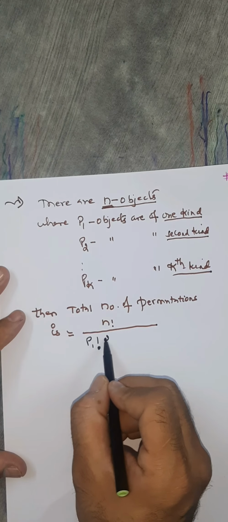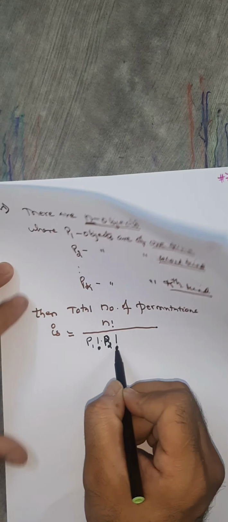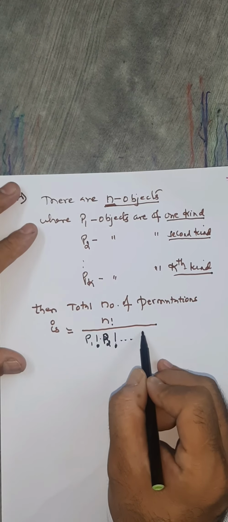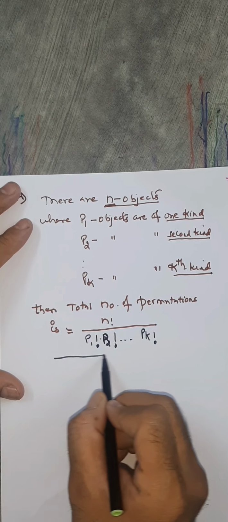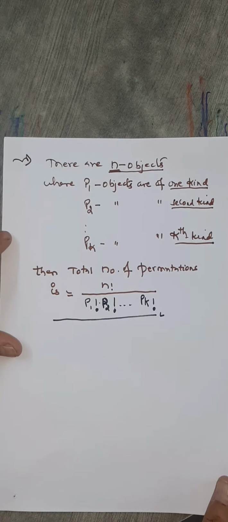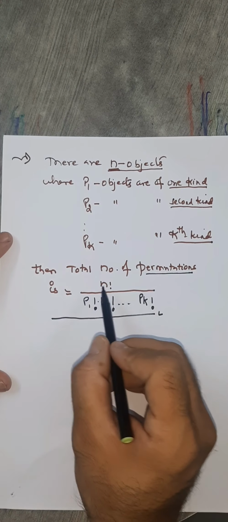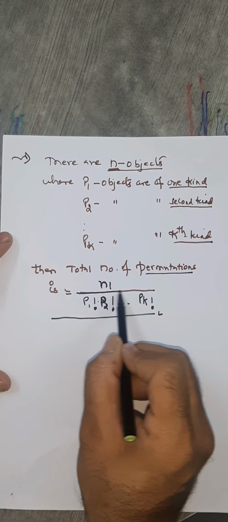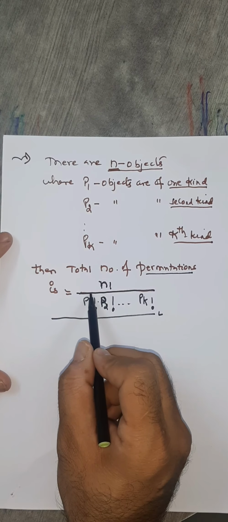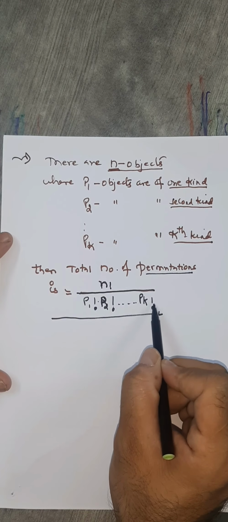P2 objects are of second kind, so into P2 factorial, and so on. PK objects are of the kth kind, so upon PK factorial. So this is the formula for total number of permutations with some repeated, similar objects. If you have n, then n factorial, P1 are of one kind, P2 are of the other kind, and PK are of the other kind.